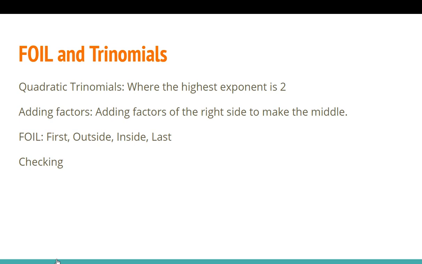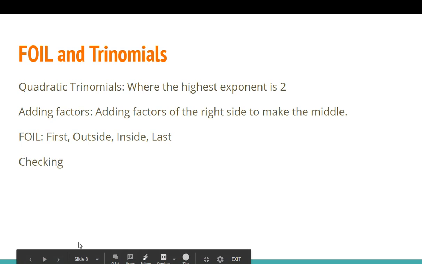So the right side is 8. So we add two factors of 8 in order to make 6. If we think about it, 4 times 2 equals 8. So that's a factor, and then 2 is also a factor of 8. So 4 plus 2 also creates 6. So there's our answer.